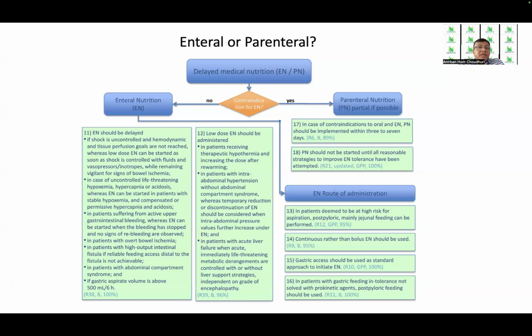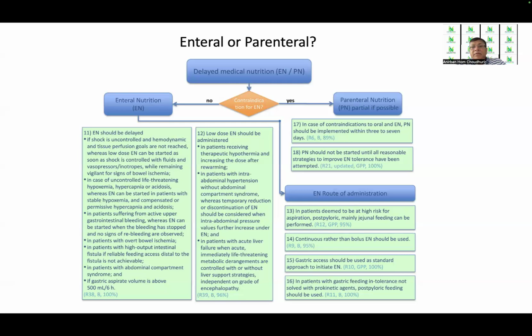In those cases, enteral nutrition should be delayed. Whereas low-dose enteral nutrition should be administered in patients receiving therapeutic hypothermia, and gradually increased after rewarming starts. Also in patients with intra-abdominal hypertension without abdominal compartment syndrome, and in patients with acute liver failure, when acute, immediately life-threatening metabolic derangements are controlled and they are without any life support strategies.